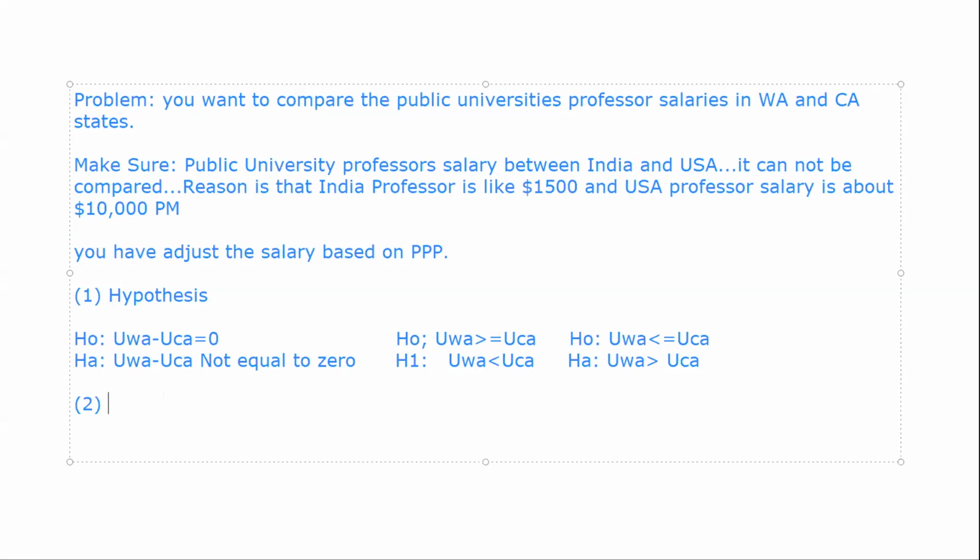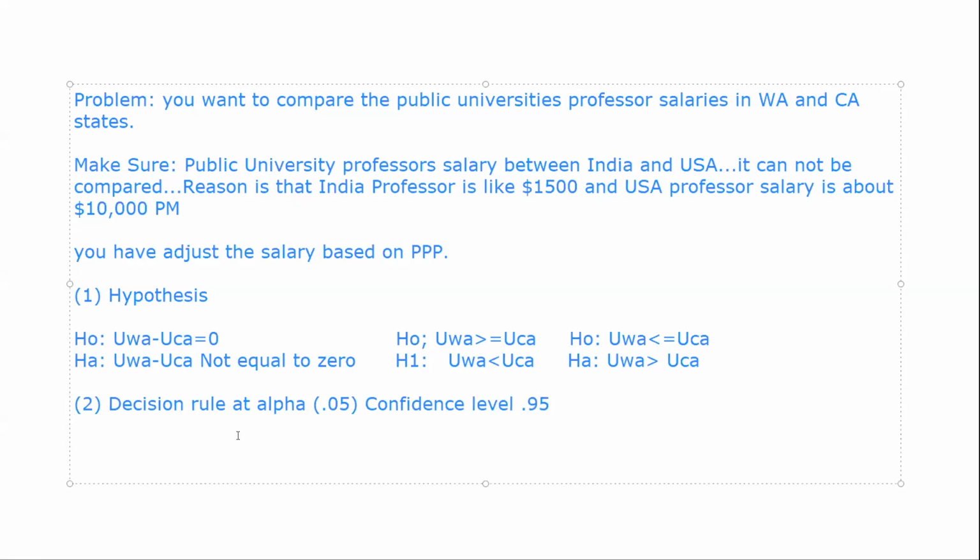So basically the decision rule: at what level of significance, which is alpha, or 5%, 0.05, or you can say confidence level 95%.